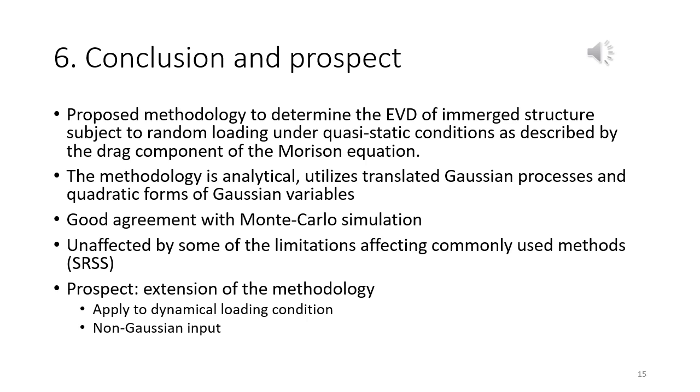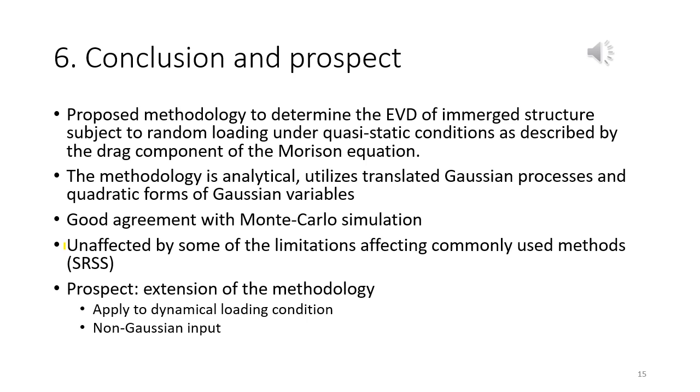There's evidence that this methodology does not suffer from some of the limitations that commonly used methods in the field do, like the case of correlated stochastic processes. There is good agreement between the proposed methodology and direct Monte Carlo simulation, particularly in the region of the EVD that is most useful to design decisions based on the maximum occurrence approach.